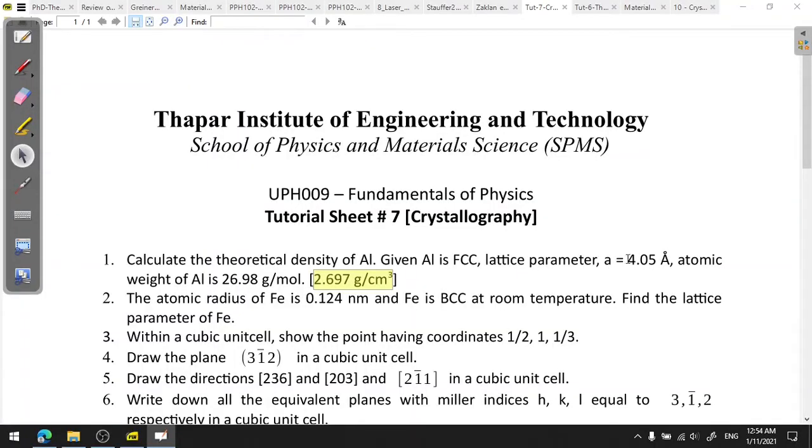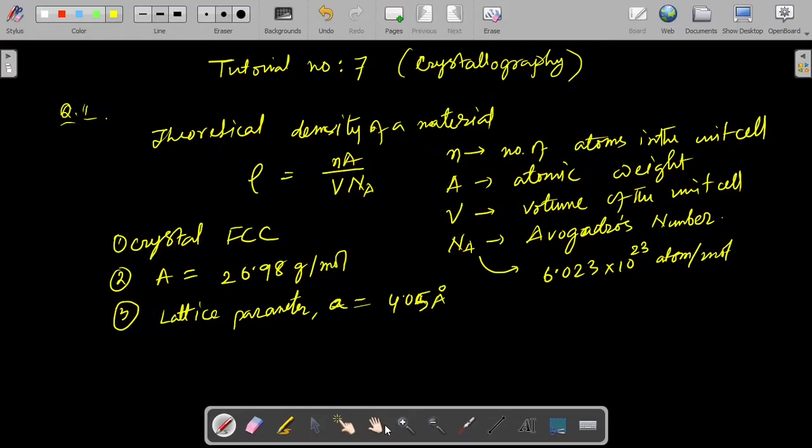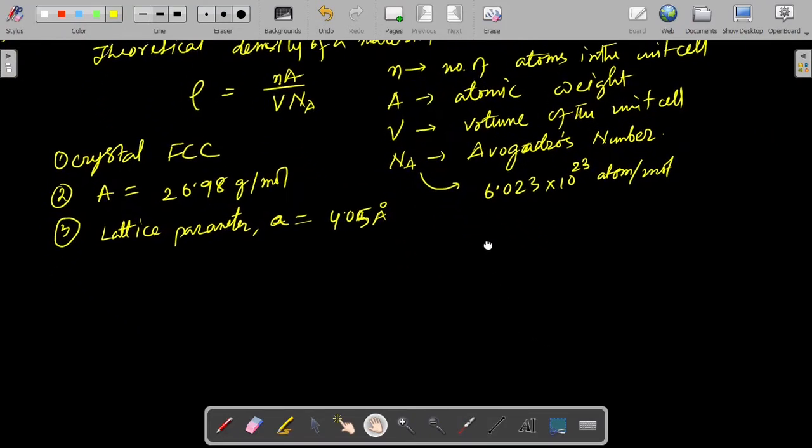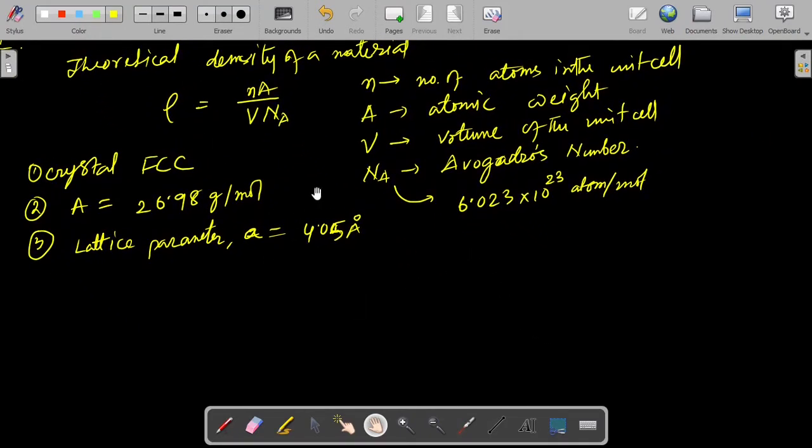Now, see, almost everything is given. For FCC, we can calculate the volume of the unit cell because the lattice parameter is given. Then A is given, Na we know, n we have to find out.